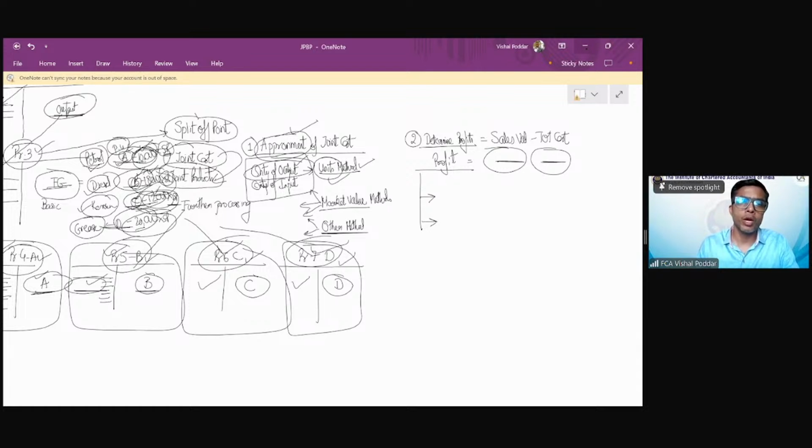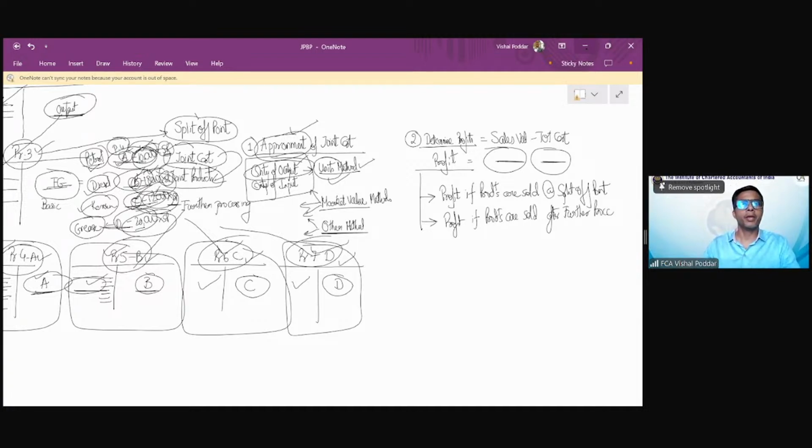Firstly, profit if your products are sold at split off point, or profits if your products are sold after further processing.